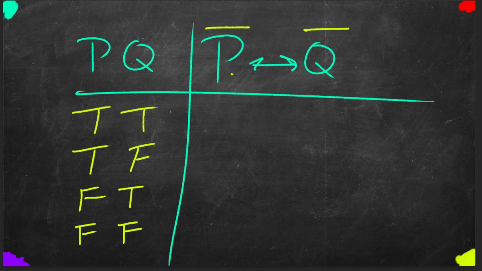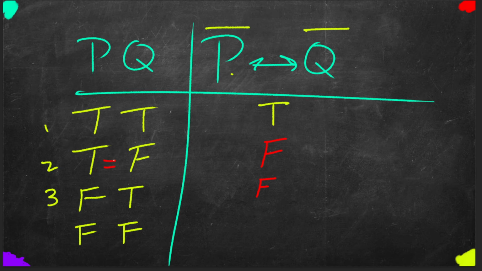So let's take a look. In our first interpretation in row 1, P and Q, their truth values are identical, so this formula is true. In rows 2 and row 3, what we see is that the truth values of these two inputs are not identical, and so the values of rows 2 and 3 are false.